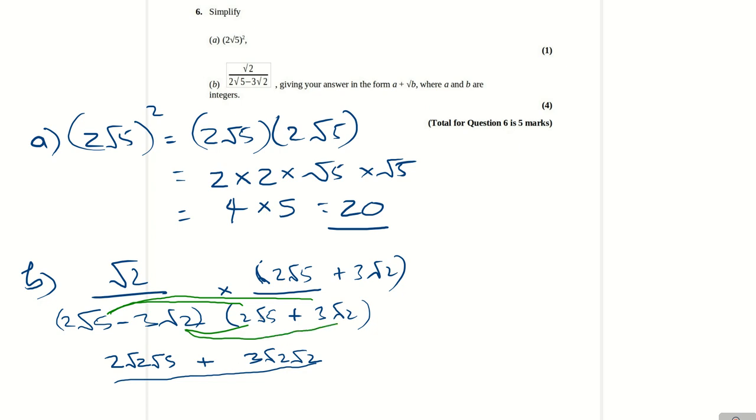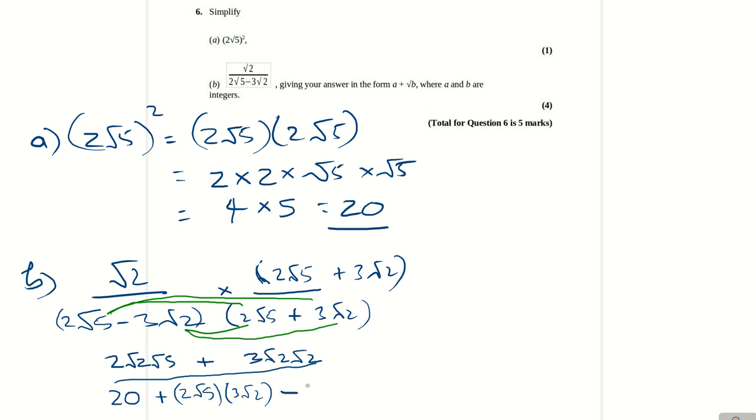There's going to be 4 terms, and the first one's going to be 2 root 5 times 2 root 5, or in other words 2 root 5 squared, which we've done in part A, which is just 20. The next term's going to be 2 root 5 times 3 root 2, so plus 2 root 5 times 3 root 2, but then the next term is going to be minus 3 root 2 times 2 root 5.